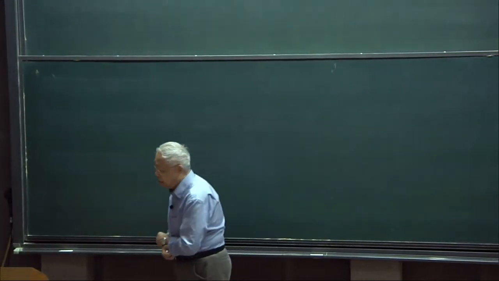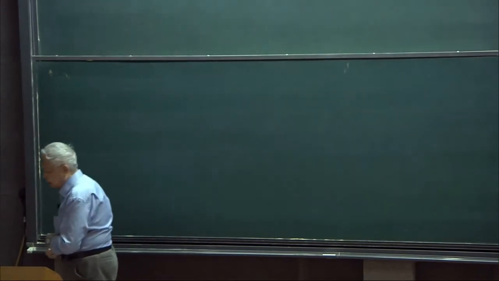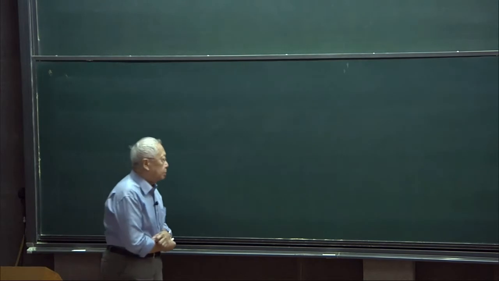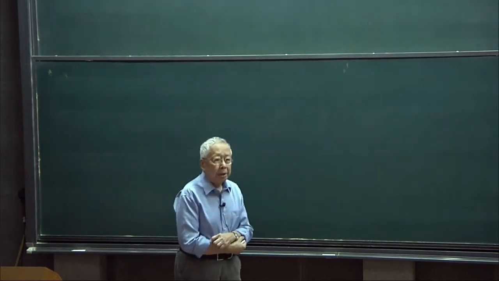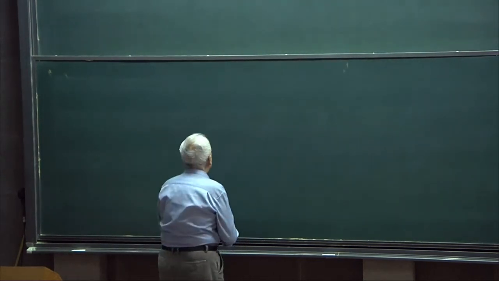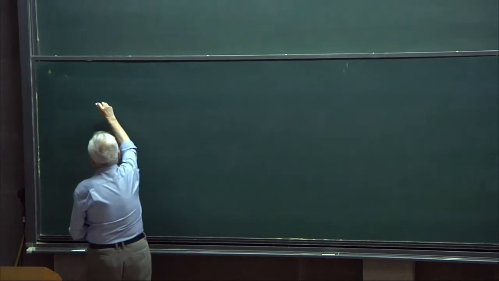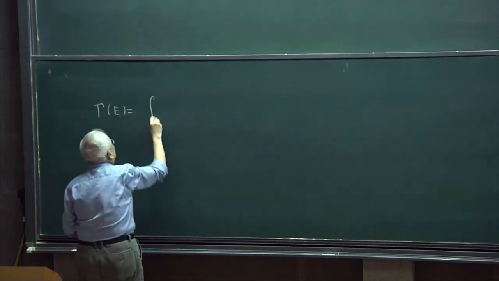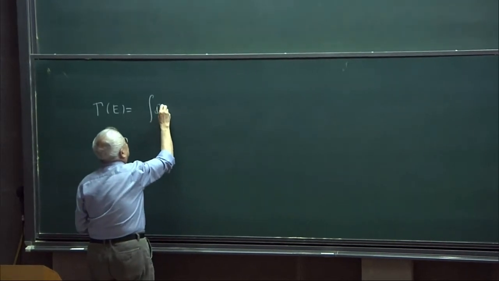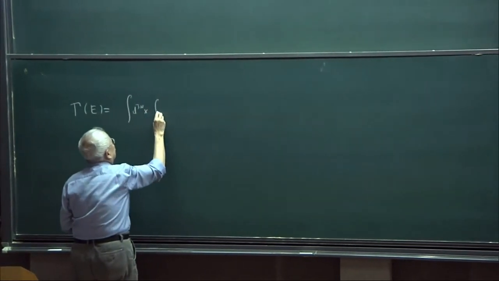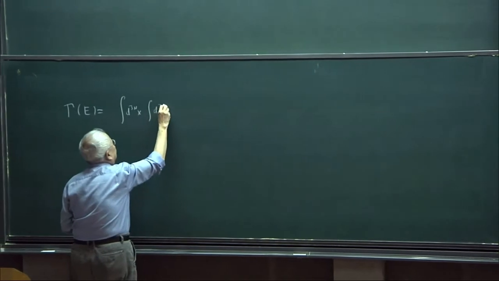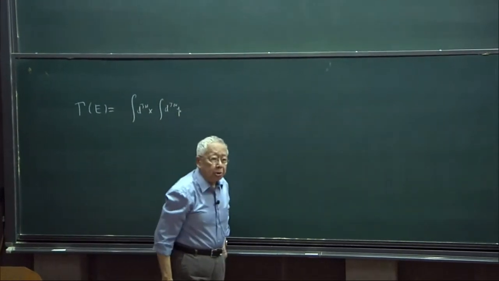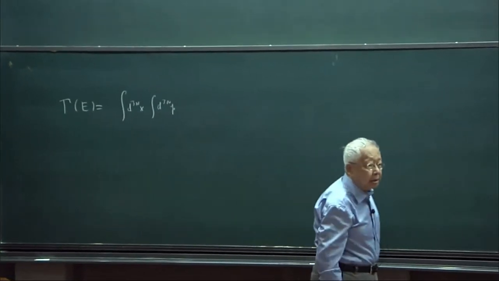As you recall, what you want to calculate first is the volume occupied by the ensemble in gamma space. We'll call it gamma of E. It's just equal to the integral over everything, d^{3N}x d^{3N}p, times the density function that defines that ensemble.